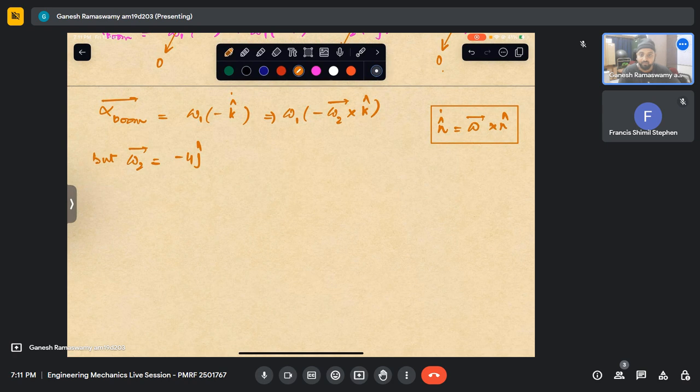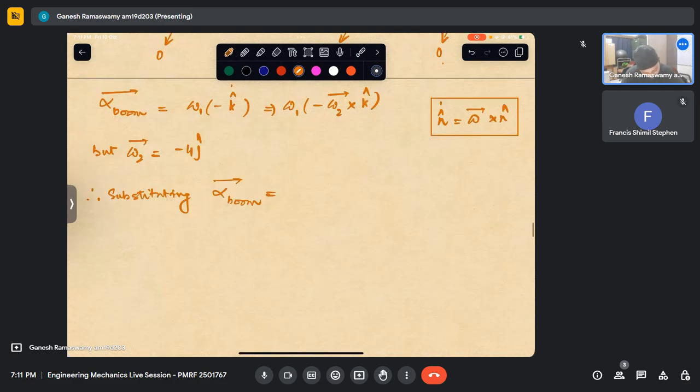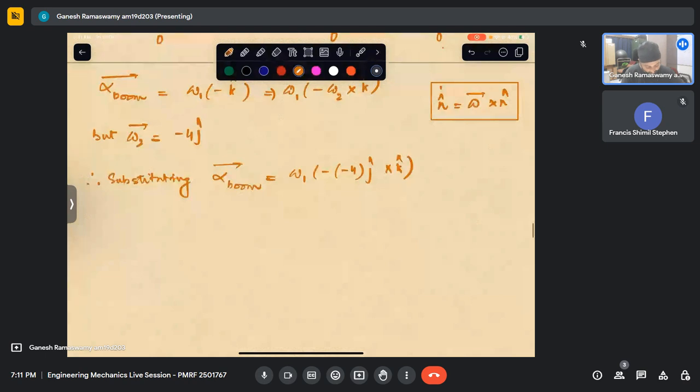Therefore, substituting, we get alpha boom is given by omega 1 into minus 4 j crossed with k. Why don't I replace omega 1 also with its, what is omega 1's magnitude? It is 1.5.